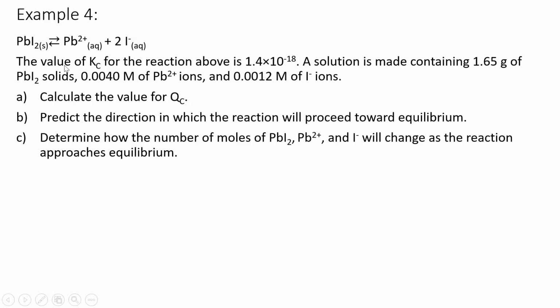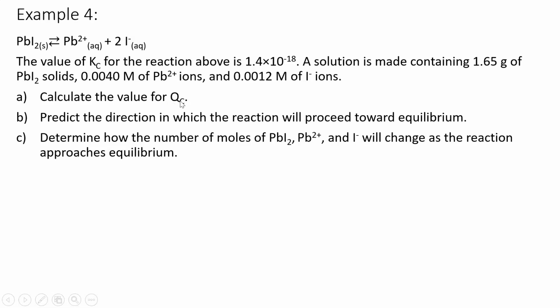It's ionizing or dissociating. The value of Kc for the reaction above is 1.4 times 10 to the negative 18. A solution is made containing 1.65 grams of PbI2 solid, 0.0040 molar Pb2 plus ions, and 0.0012 molar I minus ions. So we've got the concentration of those two and the number of grams of the solid.